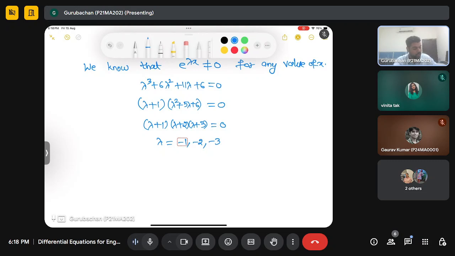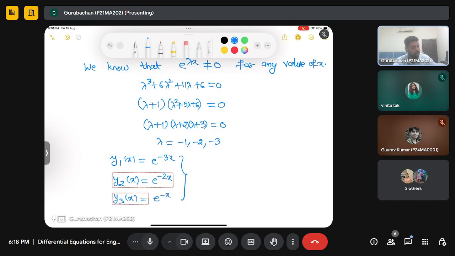So what are the solutions you will get? One is e to the power -3x, another is e to the power -2x, and e to the power -x. So these three are linearly independent solutions of 1.